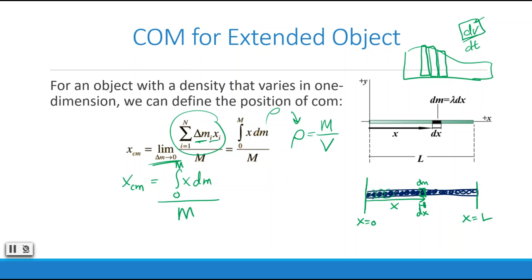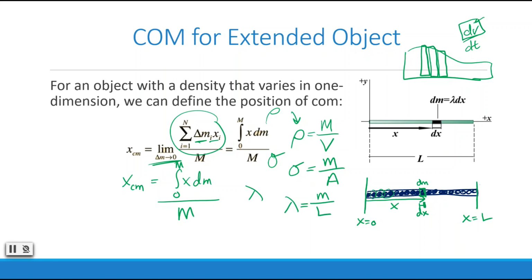We could also define area density. That's the Greek letter sigma, an O with a little tail on top. And that's going to be mass over area. And then we can define linear density, which is lambda, the Greek letter lowercase lambda there, as mass over length.